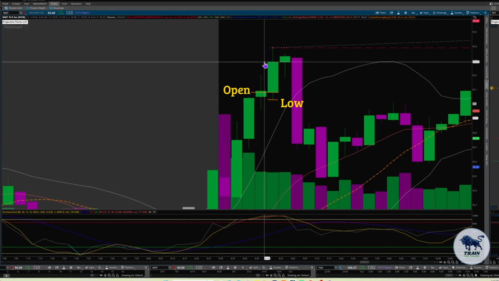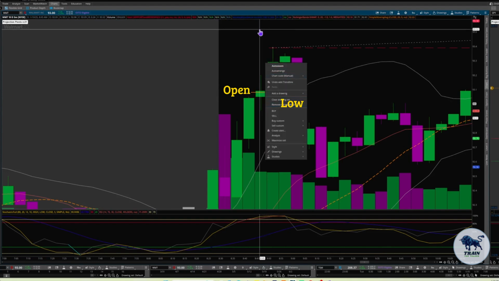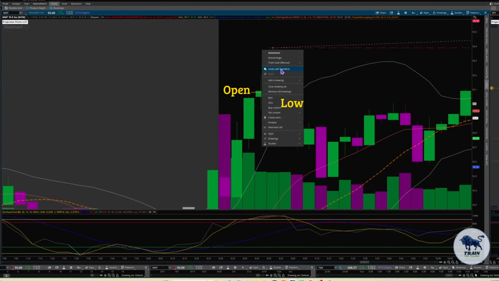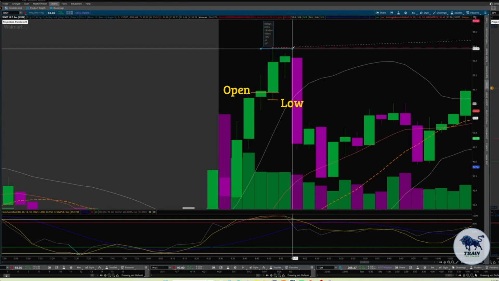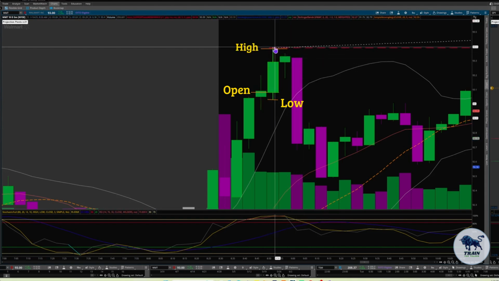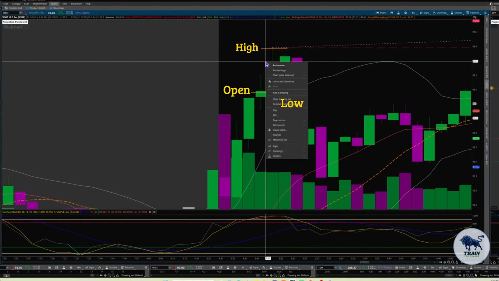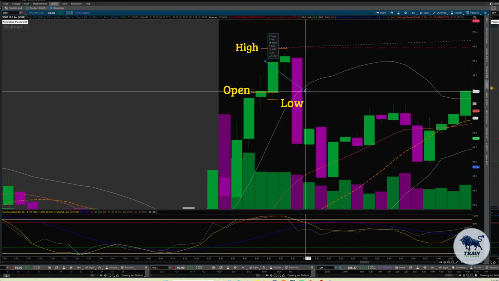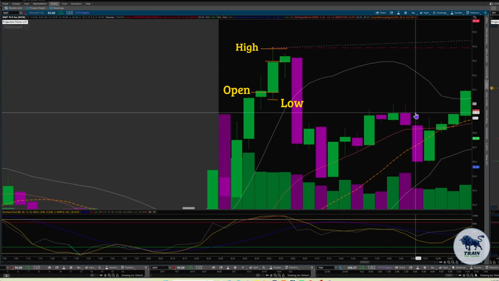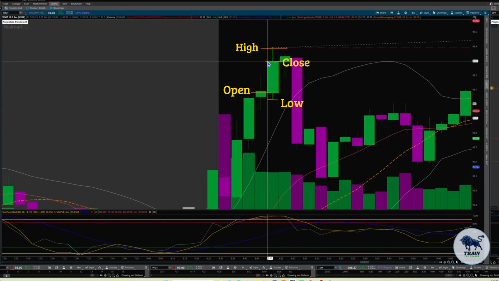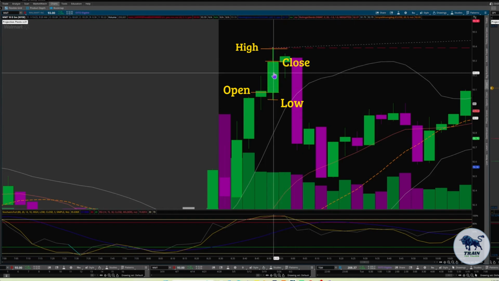This is going to be, actually, I'll do this one instead. The high of this candle, top of that wick, and then you have the close, the top of the body of this candle. So this is called the body of the candle.